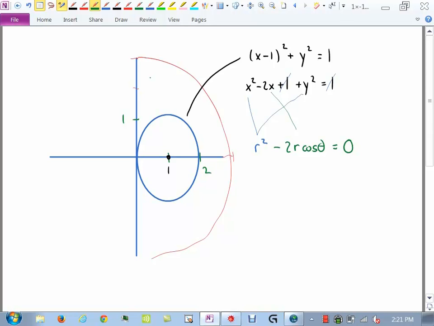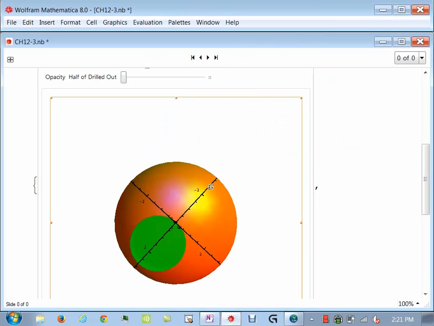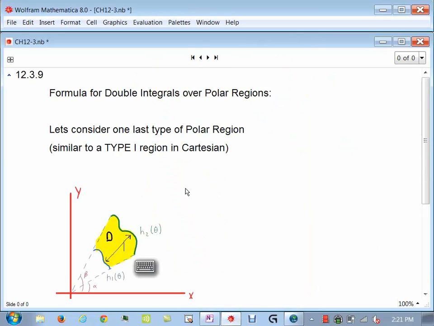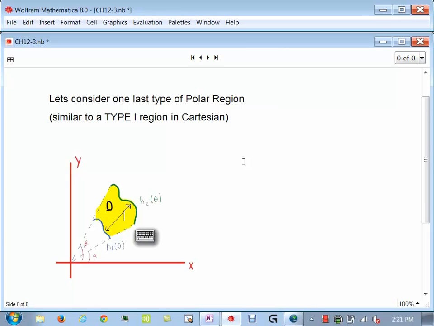Now, if we can get r to be a function of theta, going back to this note right here, if your radius, how far out you are, is a function of theta, then we can use this new double integral. I just need to figure out how I can get r as a function of theta.